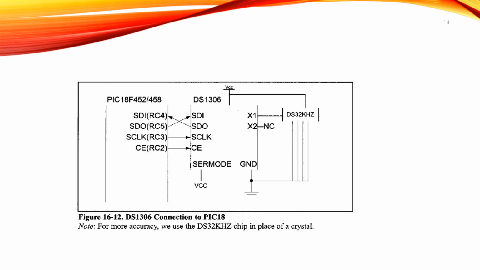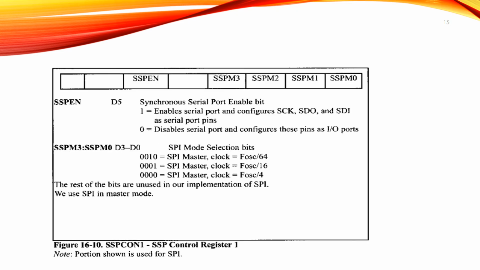Three registers are associated with SPI of the MSSP module: SSPBUF, SSPCON1 and SSPSTAT. To transfer a byte of data, we have to place it in SSPBUF, and the SSPBUF register also holds the byte received via the SPI bus. Here you can see the formats. To use SPI features we need these two registers.